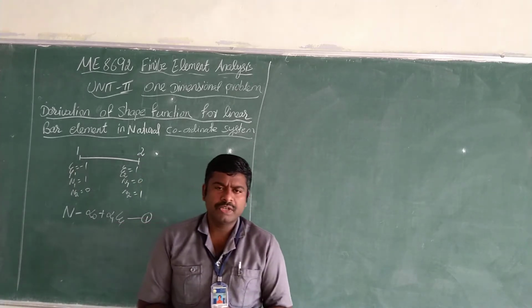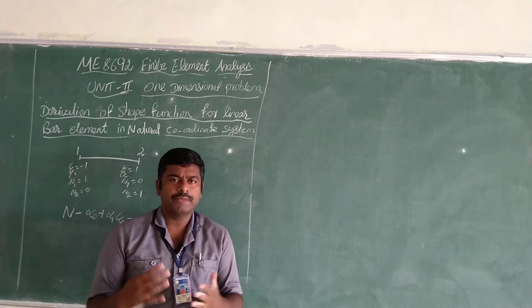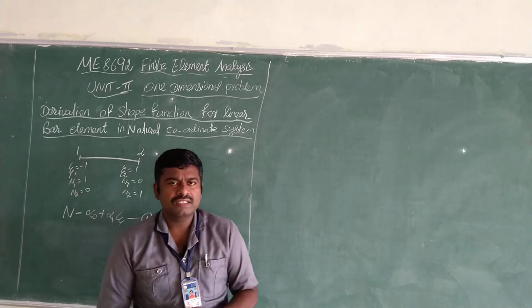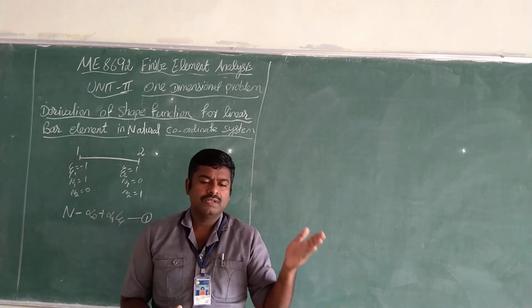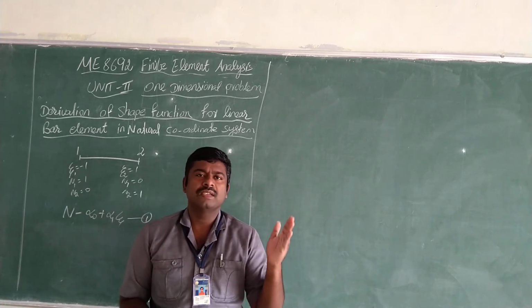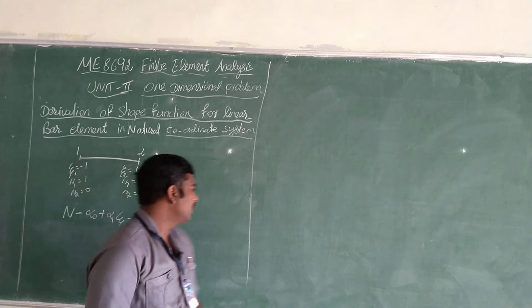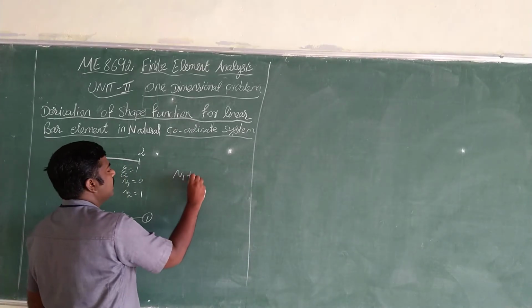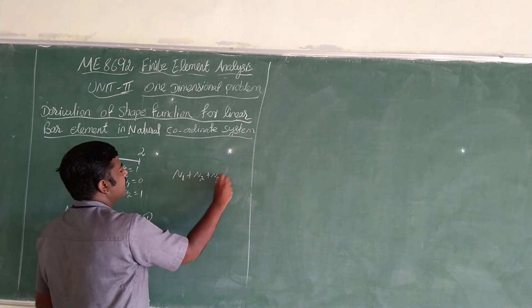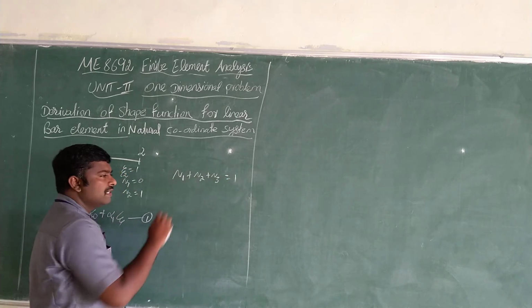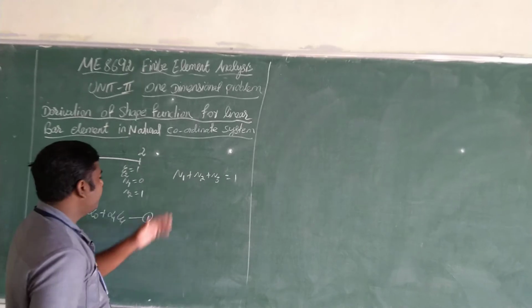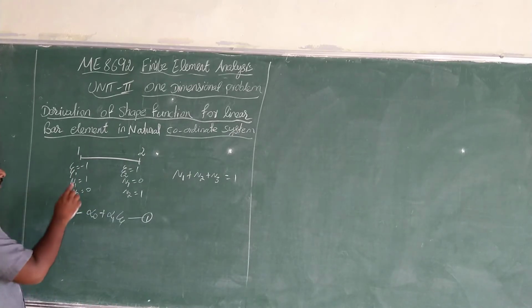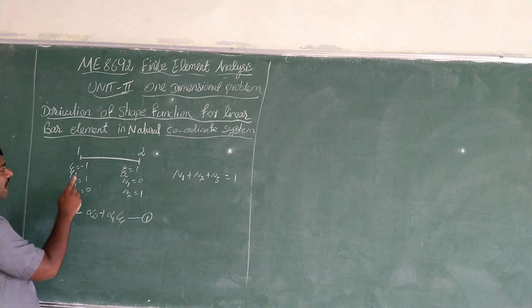Shape functions are normally used to express the geometry or shape of the element. The characteristics of shape functions are, first, the sum of shape function values at any point is equal to unity. That means N1 plus N2 plus N3 and so on equals 1, where N is the shape function or interpolation function. Second, a shape function has value unity at its own node.